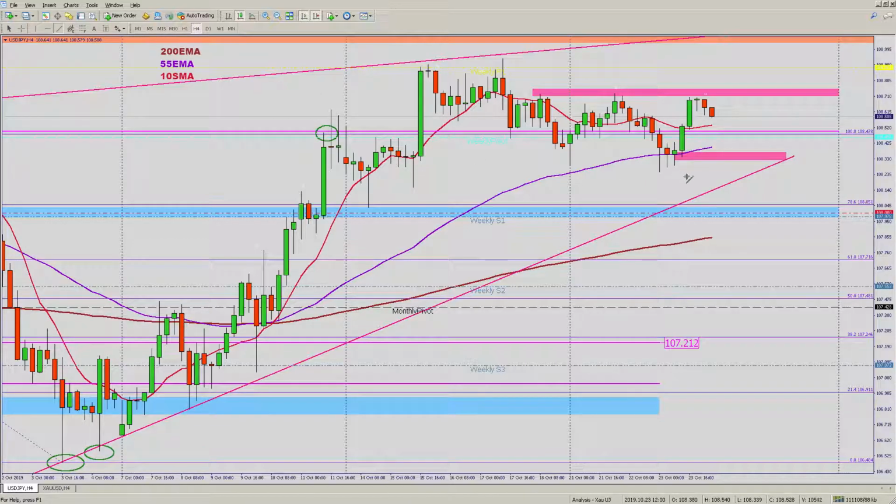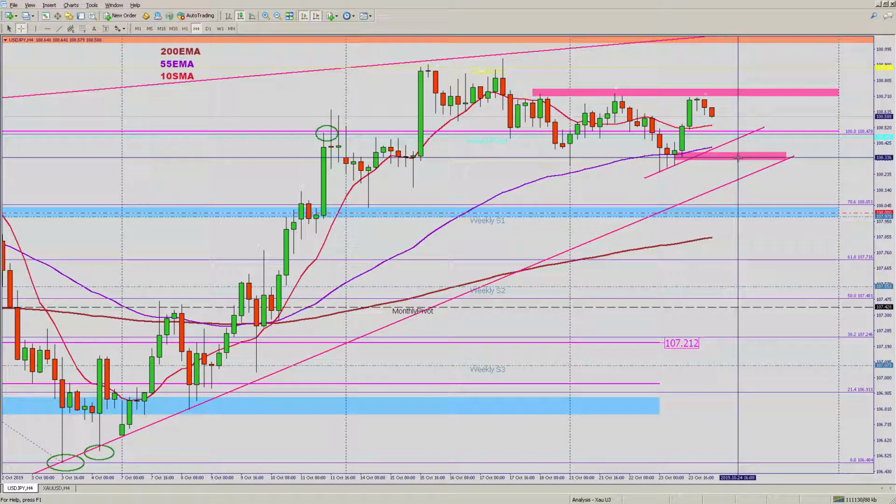So there is a minor trend line of support that needs to be broken, along with the 55 period EMA, so that it can target the lower trend line of the ascending wedge. But for now this range is only about 30 or 40 pips, so it's still consolidating in a smaller ascending triangle pattern.